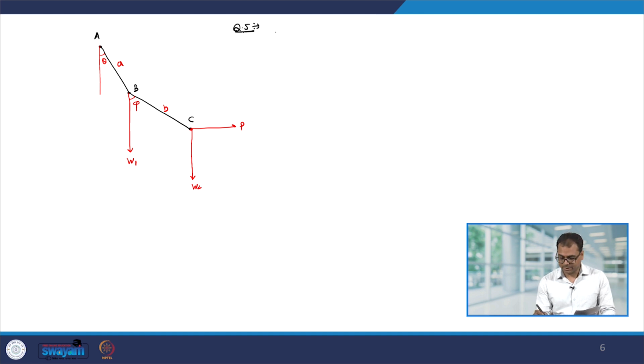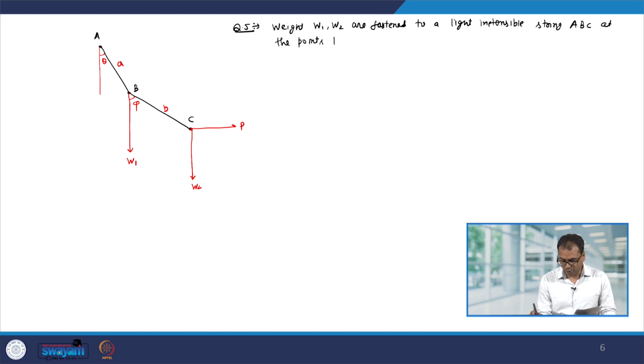and here the problem statement is following: two weights W1, W2 are fastened to a light inextensible string ABC at the points B and C, and the end A is fixed.